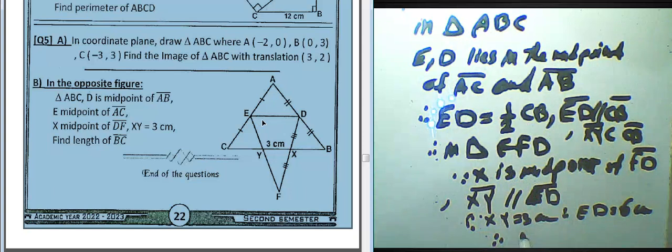Then CB equals twice ED. 2 times 6 equals 12 centimeters. The result will be 12 centimeters for CB.